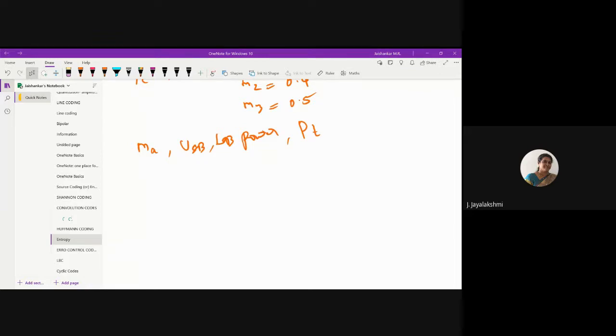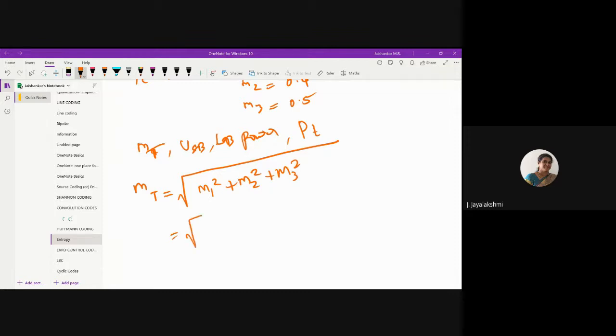So how do you find the modulation coefficient? The total modulation coefficient MT is equal to the root of M1 square plus M2 square plus M3 square.